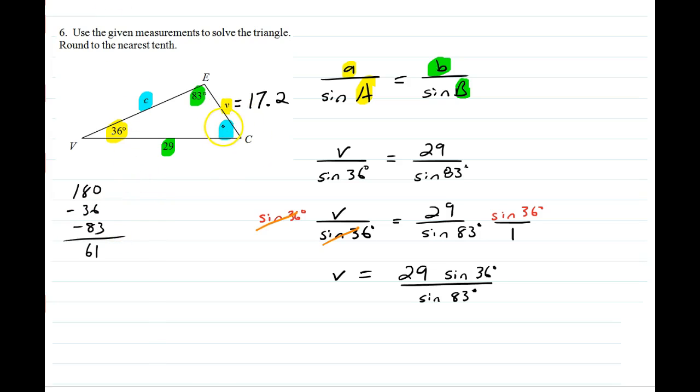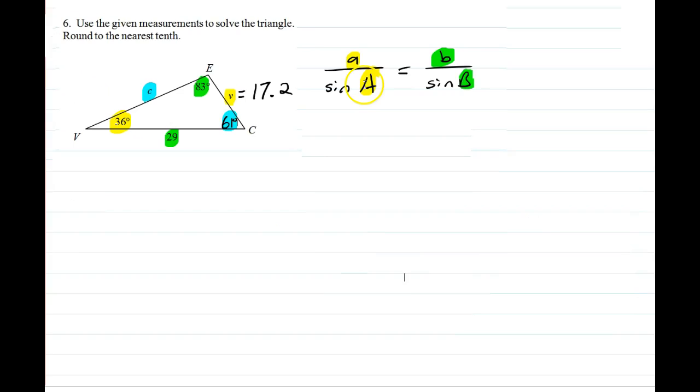And that gives us 61 degrees. And so now I'm just going to repeat this for the blue angle here. So instead of doing the yellow, we're going to do blue.